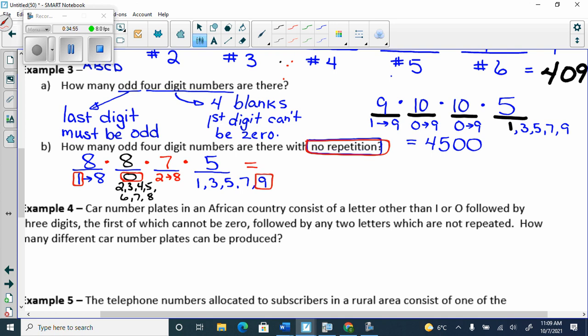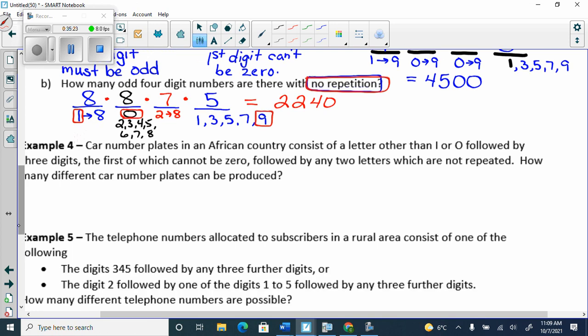When you multiply 8 times 8 times 7 times 5, what do you get? 2,240? So, there were 4,500 odd 4-digit numbers, correct? The moment I made them not repeat, I only have 2,240 odd 4-digit numbers, right? Because it takes away a whole bunch of other options.